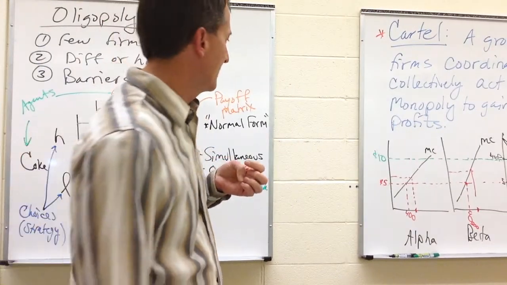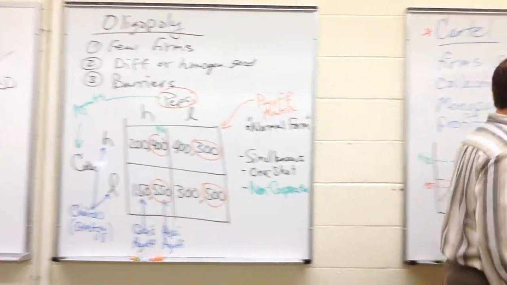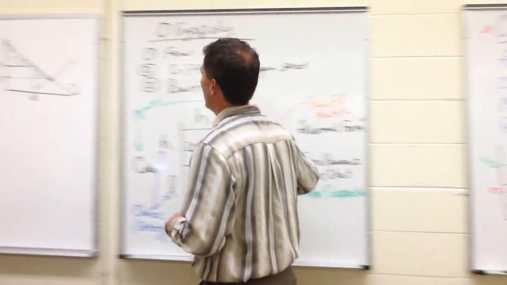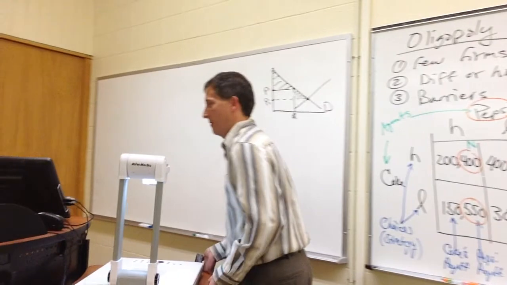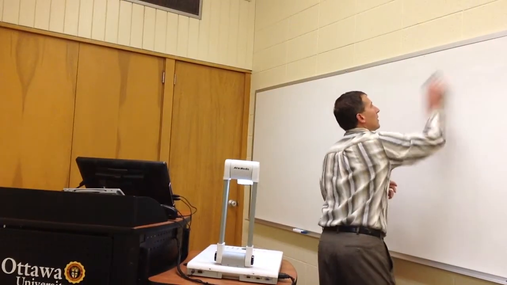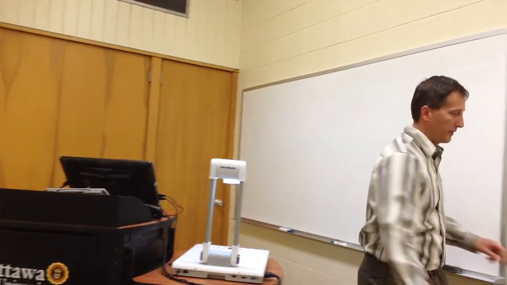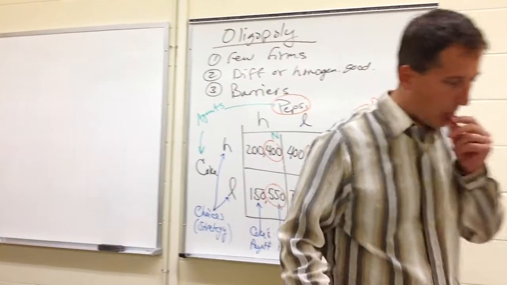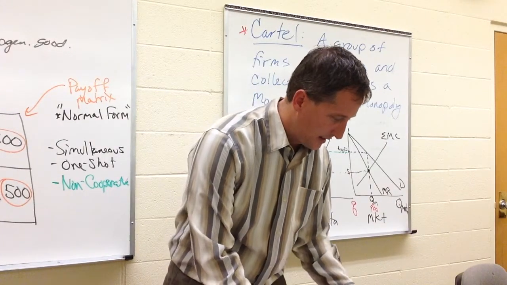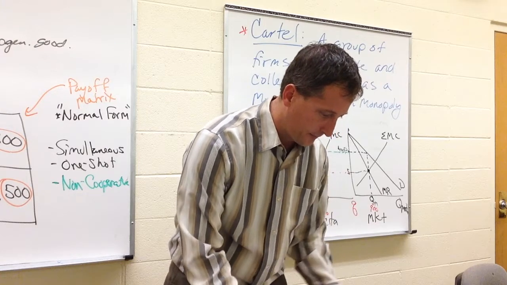So this should be back to chapter 9 stuff. So what's the marginal revenue curve? All right, we got 32 minus 4Q equal to the 16. How much is each firm making?